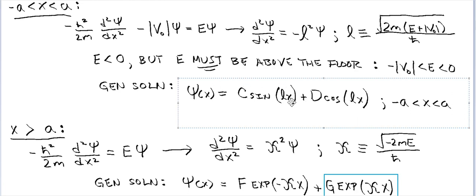This had solutions of psi is equal to C sine lx plus D cos lx. But note that we could have also written this as P e to the ilx plus Q e to the minus ilx, right?